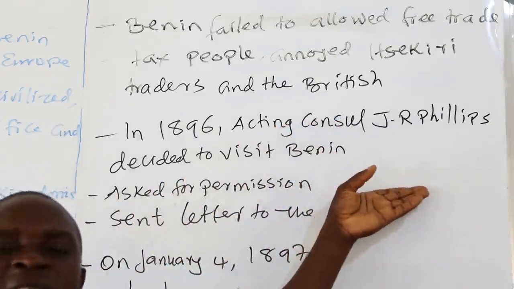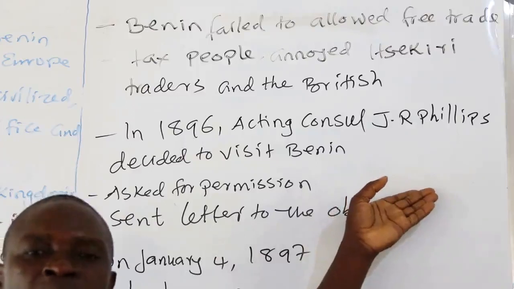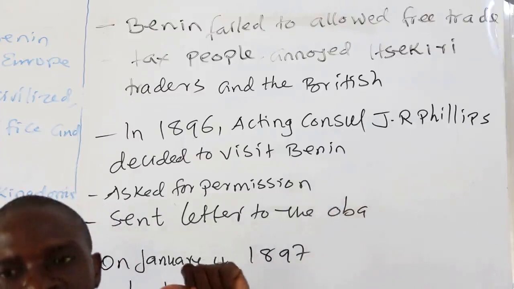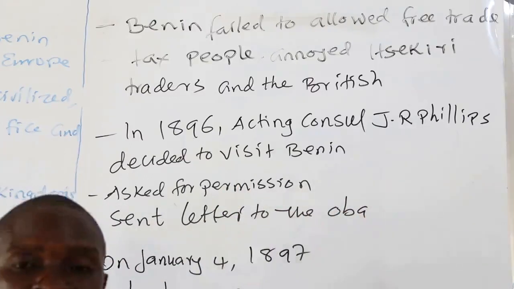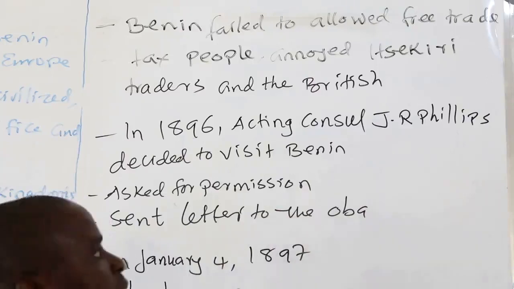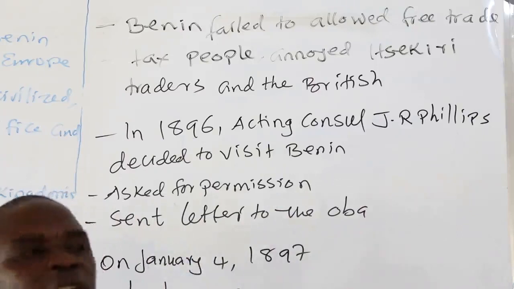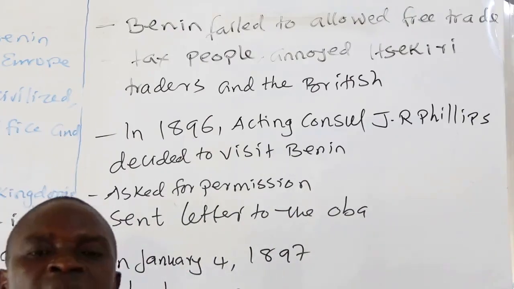The essence of that visit, as I said, was to compel the king to abide by the agreement signed in that treaty, the clauses that were inserted in it. Now, before he would embark on a journey into Benin, first he must seek permission from his home country, that is the British government, because he was representing their interest in Benin.